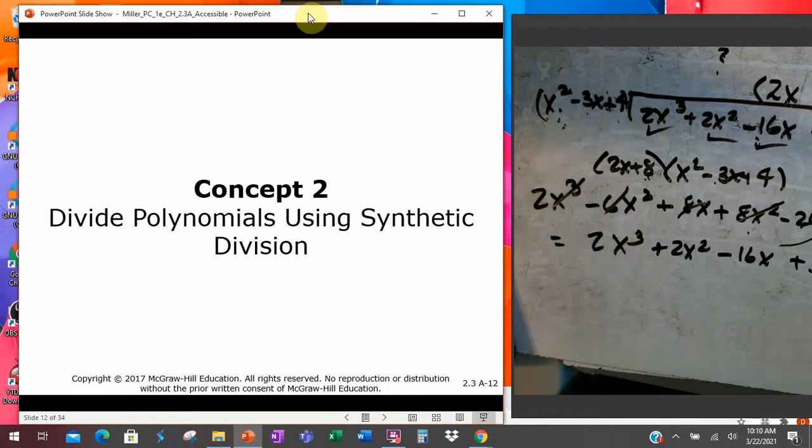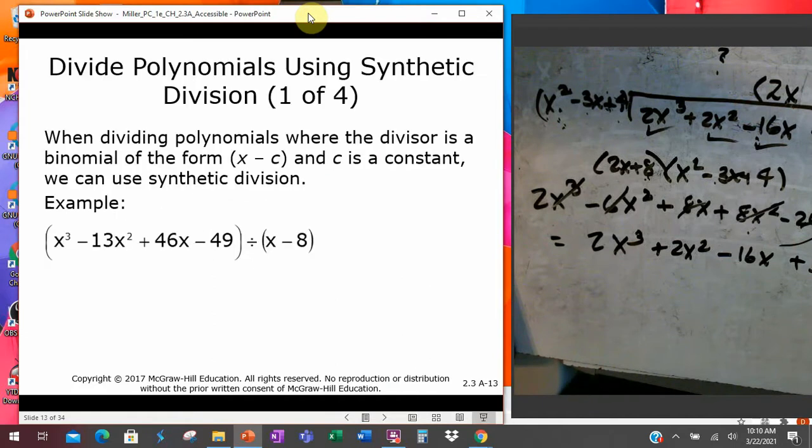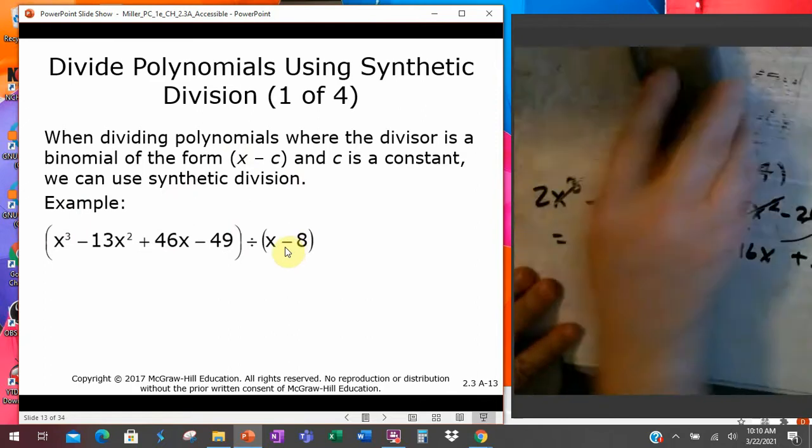Okay, so synthetic division, if it's just a simple division by a linear factor in this form, x minus 8, okay? If it's in this form, then I can do this division in a simpler way, and the simpler way is called synthetic division, okay? So remember x minus c, when I'm dividing by x minus c, okay? So here's the example.